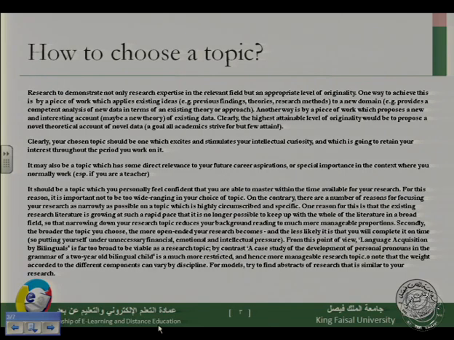It should be a topic which you personally feel confident that you are able to master within the time available for your research. This is another important issue, which is ability. Here, the word is able.